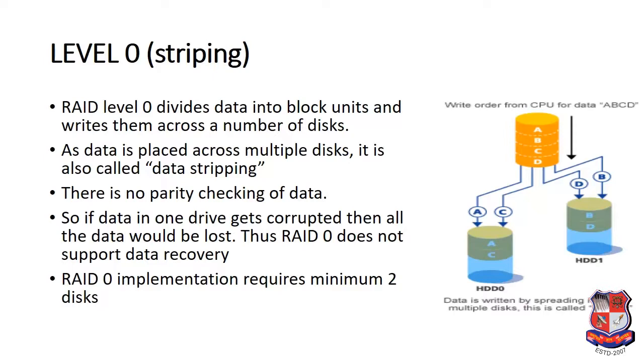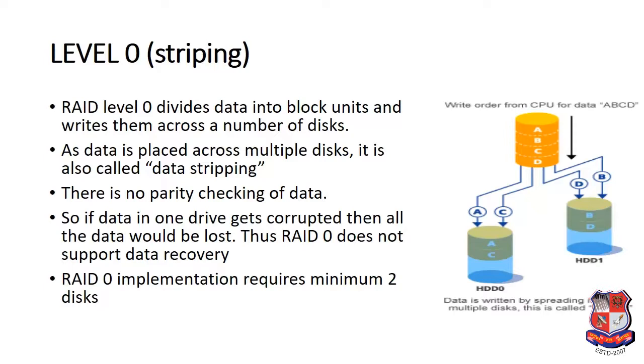Now I'm giving you a simple example. If I give you one task, write down the alphabet A to Z, and for example think that you will require 2 minutes. Now I give the same task to two students, where the first student writes A to M and the second student writes further up to Z. So that 2 minute task will be divided to 1 minute because both will work in parallel.